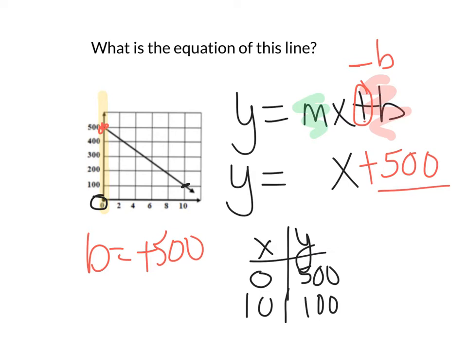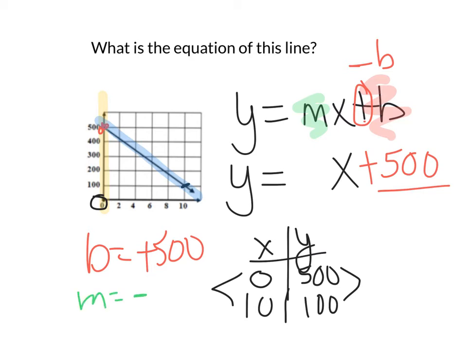A couple things we notice. My y's are decreasing as my x's increase, so they're moving in opposite directions. The shape of the line, if I'm just looking at it, is going down. That tells me that more than likely my m is going to be negative.